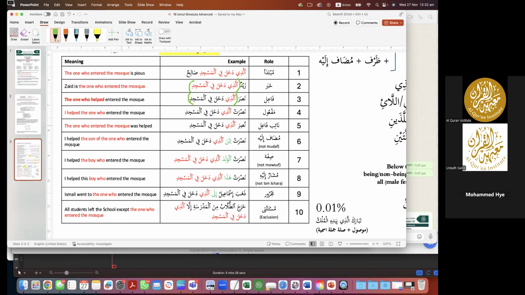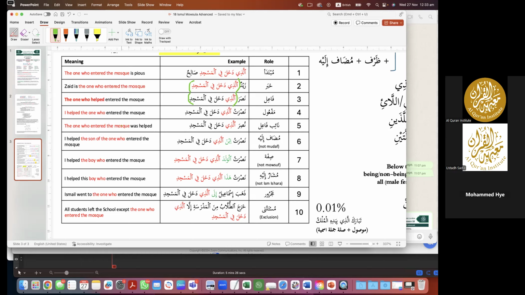Now, Dhahaba Ismailu. Sanika, Dhahaba Ismailu means Ismail went, correct? Yes. Ila alladhi dakhala fil masjidi. Ismail went to the one who entered into the mosque.